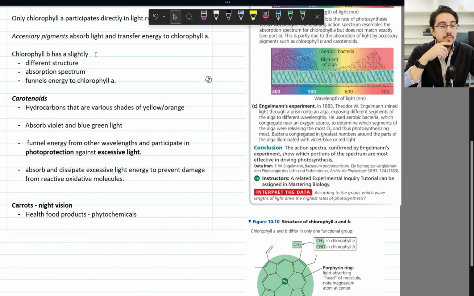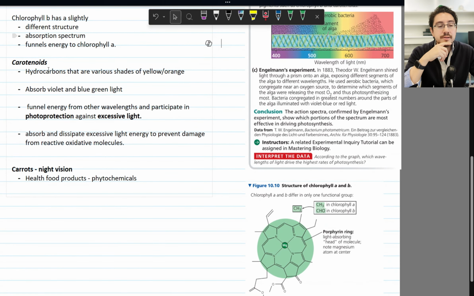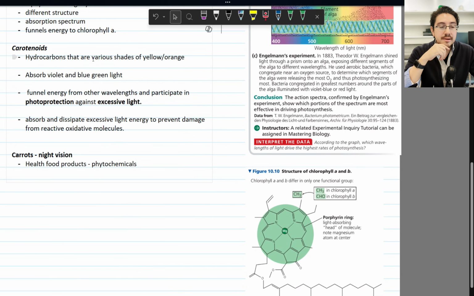Chlorophyll B has a slightly different structure and absorption spectrum, and as I mentioned before, it funnels energy to chlorophyll A. Talking a little more about carotenoids, they are hydrocarbons that absorb various shades of yellow and orange.